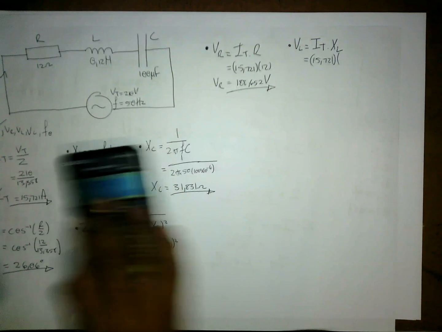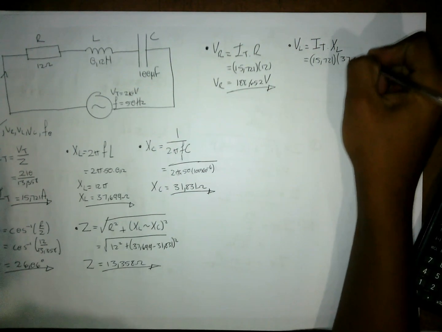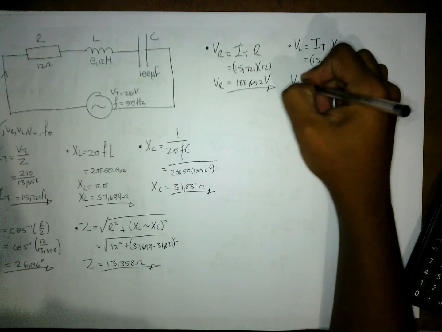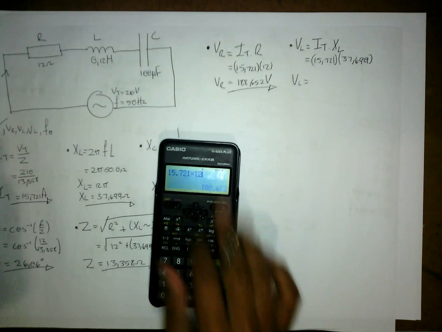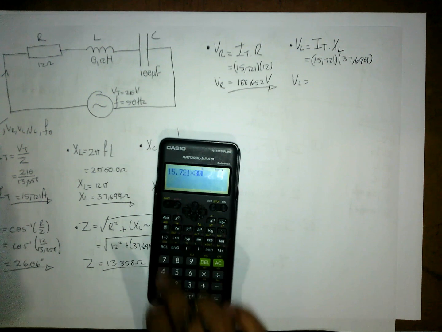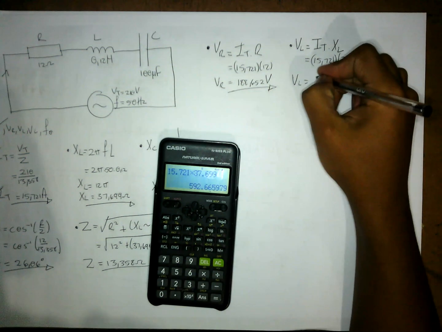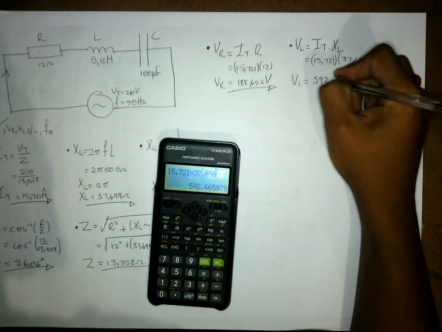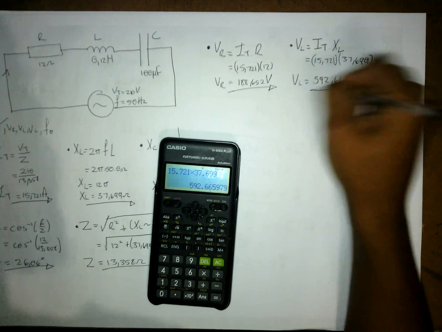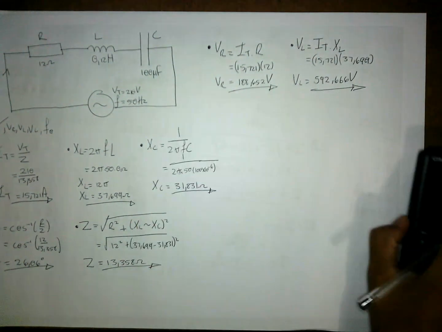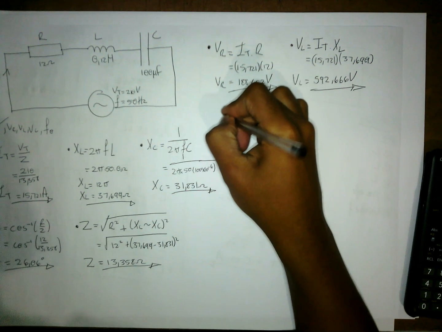Our XL value was 37,699. Our VL equals 15,721 times 37,699, which is equal to 592,666 volts. The voltage of the inductor will always be bigger than the other voltages.